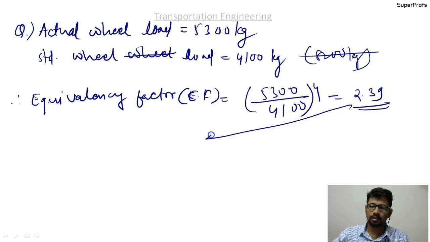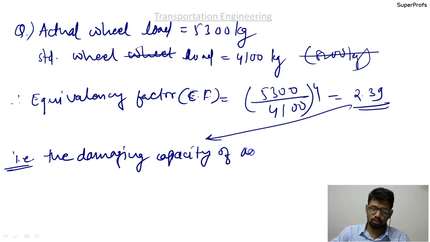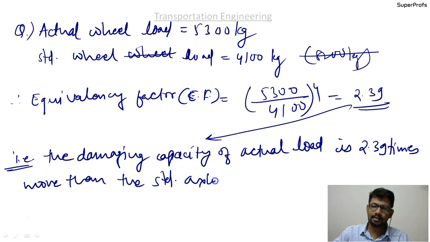So what does this mean? It stands for the damaging capacity of the actual load, which is 2.39 times more than the standard axle damaging capacity.